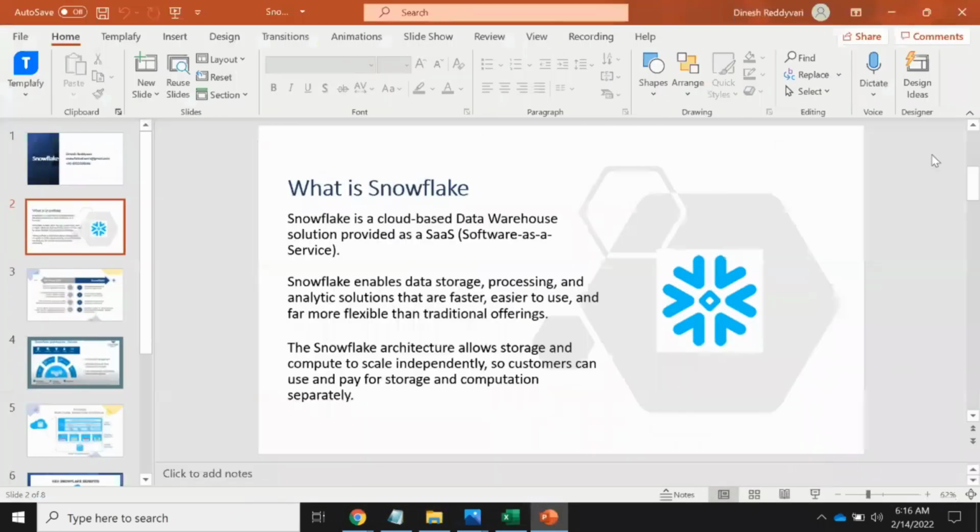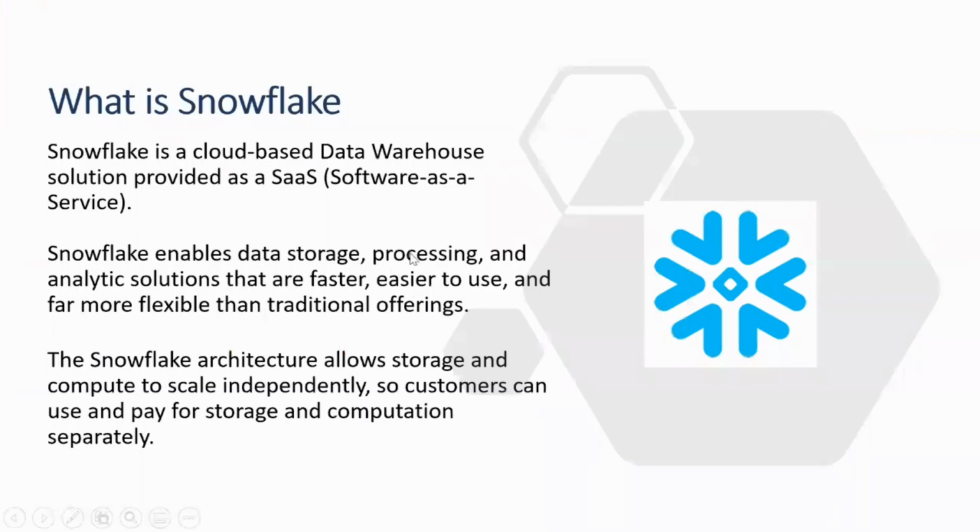Okay, so if you observe, just try to understand the terminology. We will discuss each and every terminology here. Snowflake is a cloud data warehousing solution provided as software as a service, right? What does that mean? First, we need to understand these terminologies.